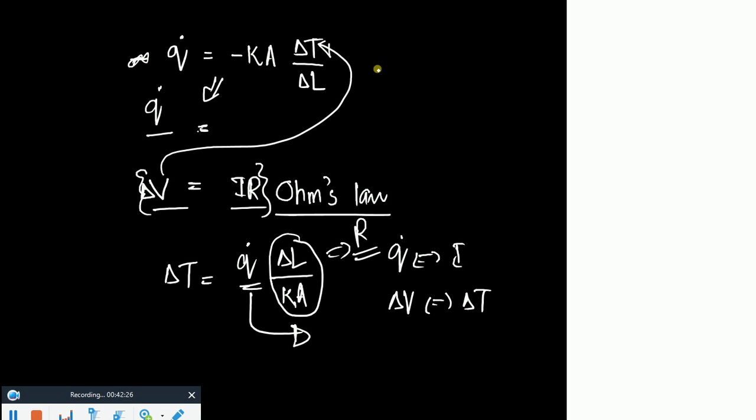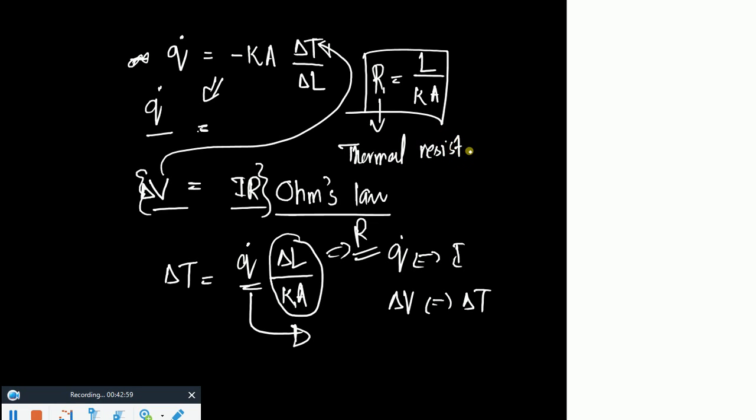So can I say that this resistance in a thermal system, this resistance for a very simple system where we are not talking about any kind of heat transfer, any kind of heat generation, and no transient phenomena is involved, can I write this thing as this, the resistance, and I would call this resistance as thermal resistance. Okay, just look at it.